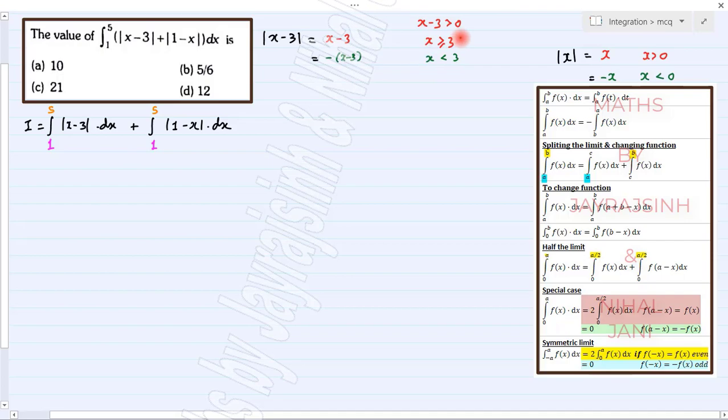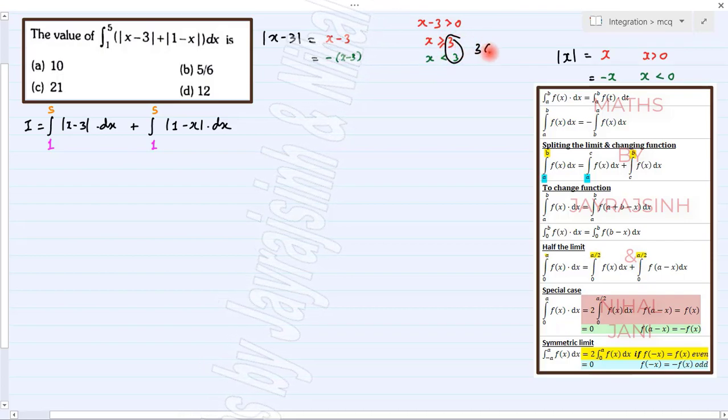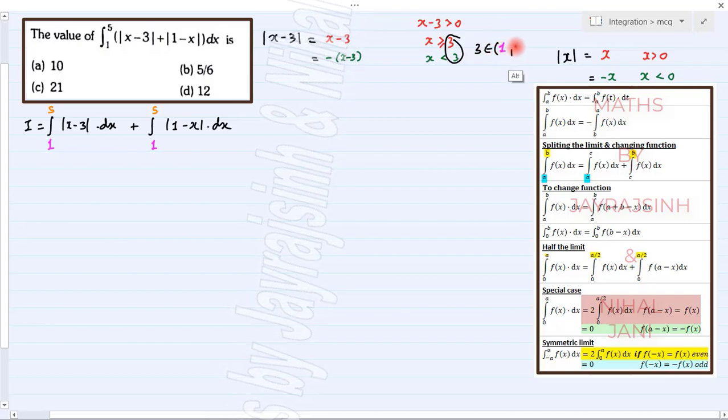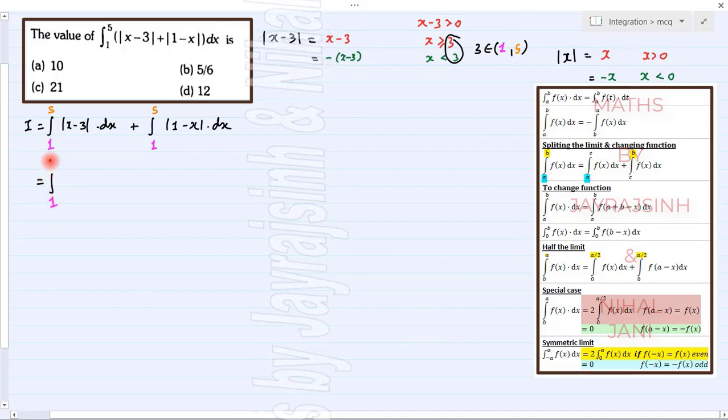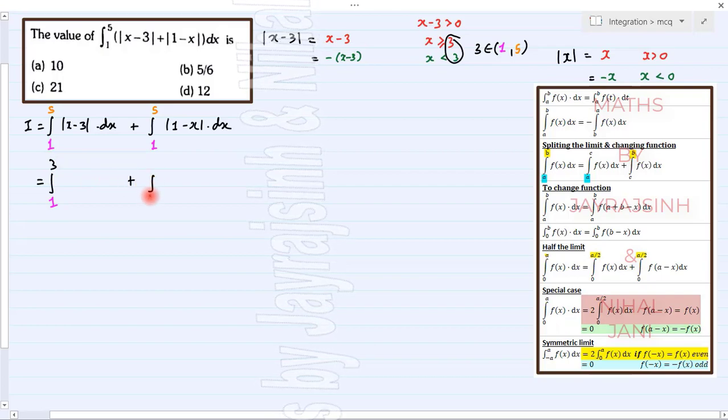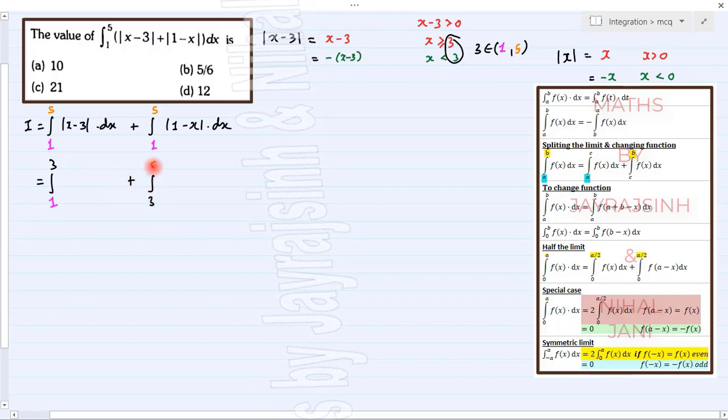So here the changing point is 3, and we know that 3 belongs to our limit, which is 1 to 5. So we have to split our limit from 1 to 3 and from 3 to 5.